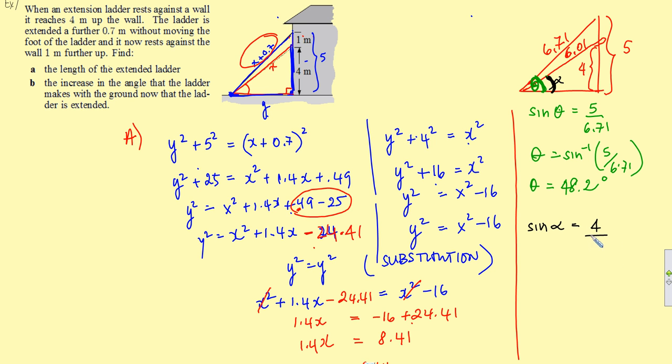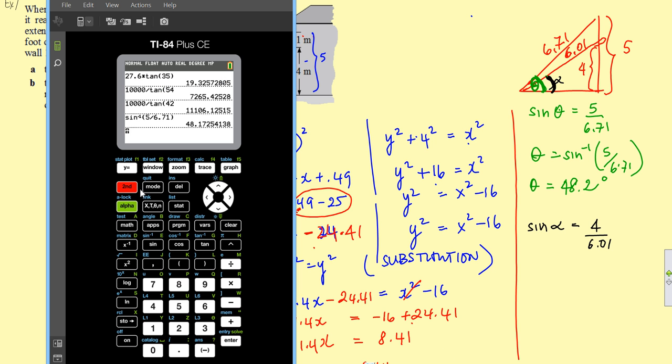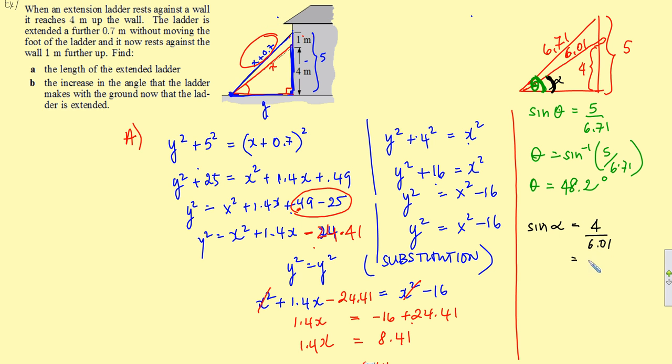X in this case, we had said it was 6.01. So it's 4 divided by 6.01. And when I place into the calculator second function sine of 4 divided by 6.01, I end up getting 41.7.